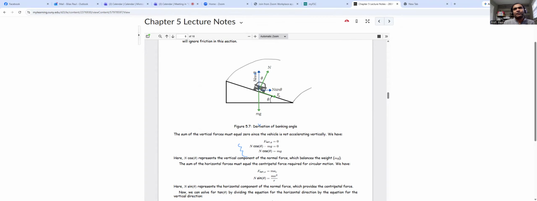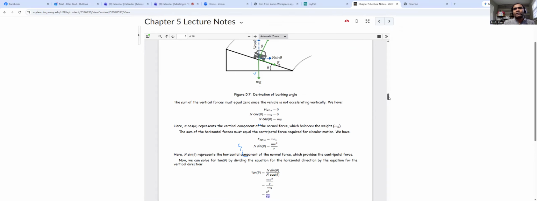On the other hand, the n sine theta component is toward the center of the curve. That means the centripetal force is provided by n sine theta, as you see in this paragraph.